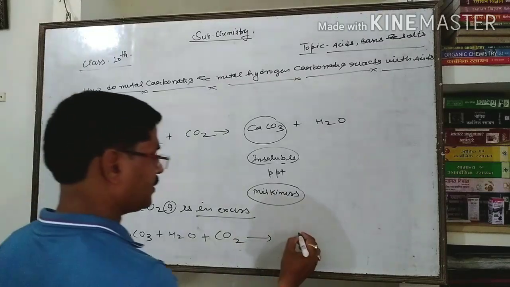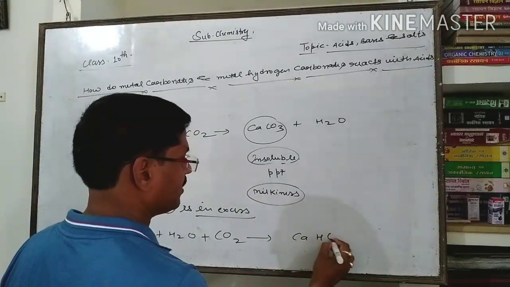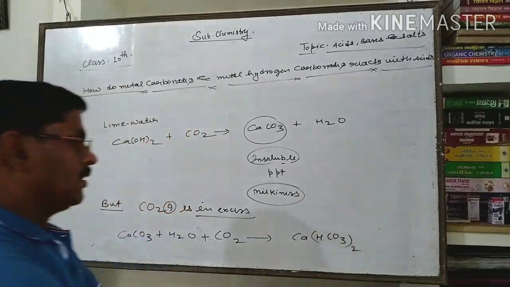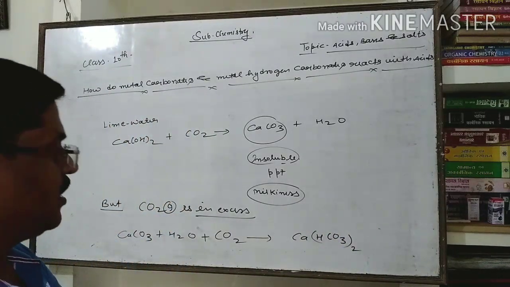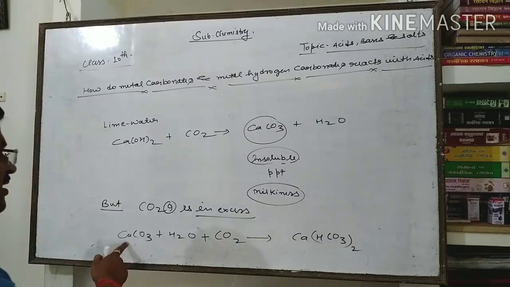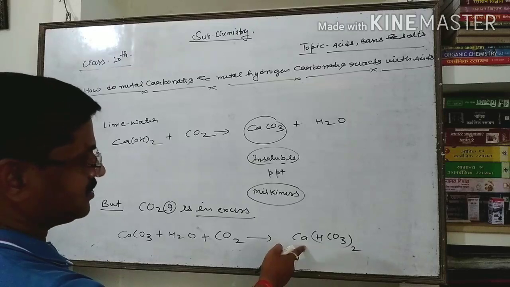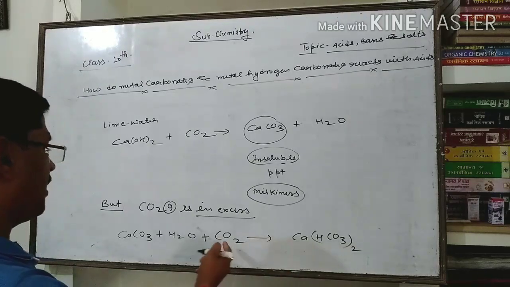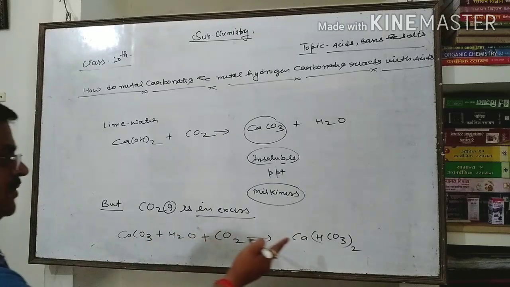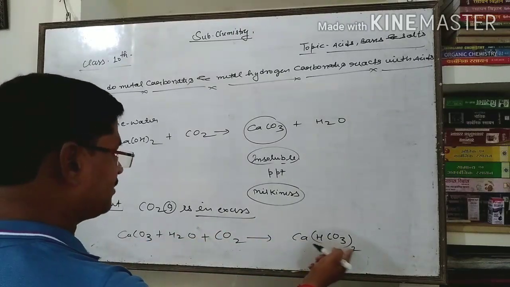So it will give Ca(HCO3)2, calcium hydrogen carbonate. Now check calcium, one atom here and on this side also. You see one carbon dioxide, one here and one here, 2. It means 2 here also. Oxygen 3 twos are 6.